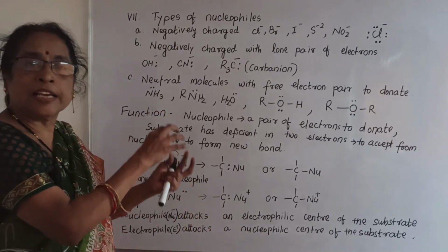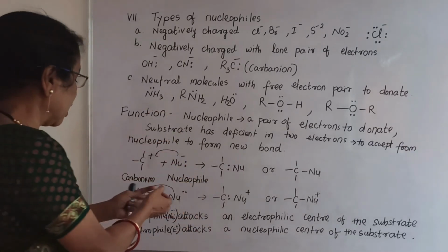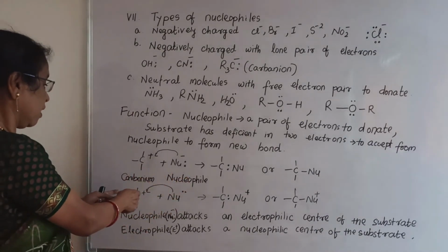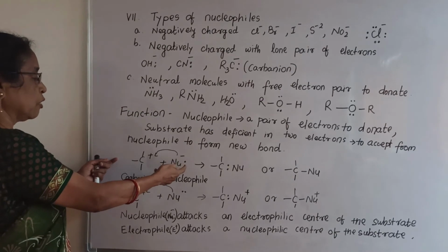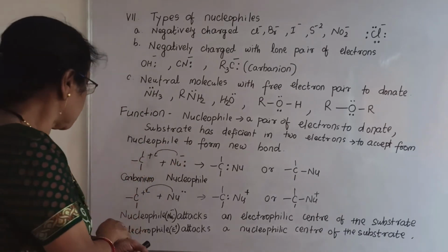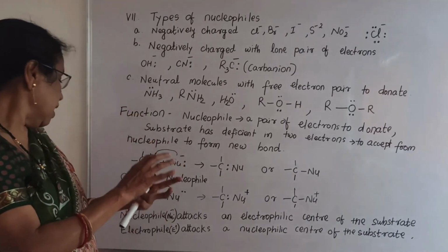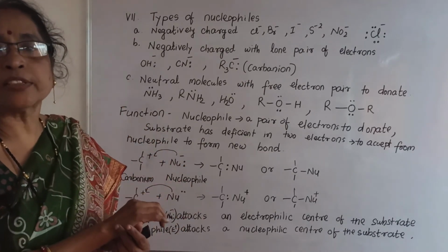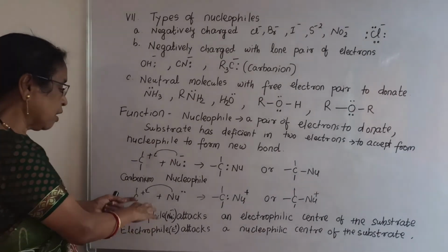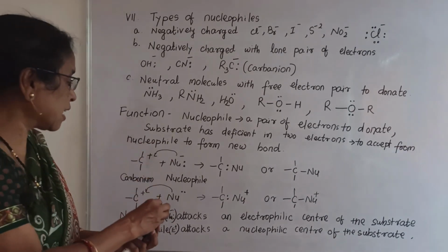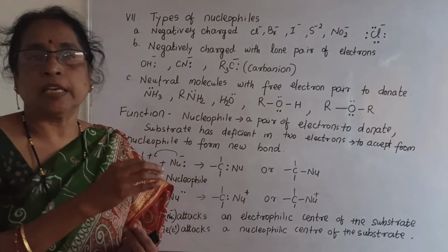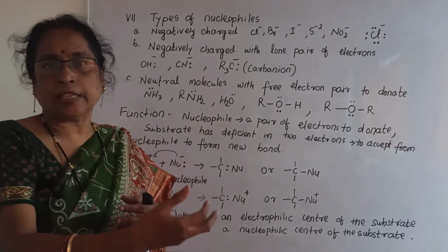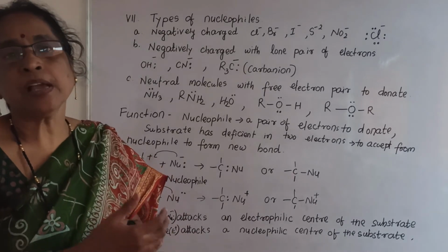That means here you can observe the carbonium ion also acts as the substrate where the nucleophile donates electrons. So the electrophile will attack the nucleophilic center of the substrate. Similarly, the nucleophile also attacks an electrophilic center of the substrate, and after that an intermediate will be produced, and after that byproducts and products will be produced.